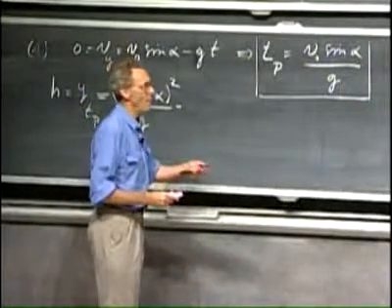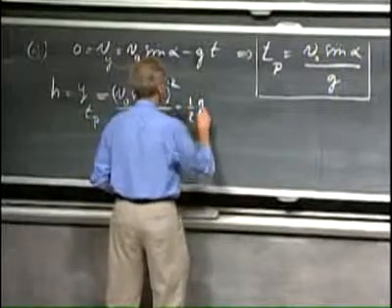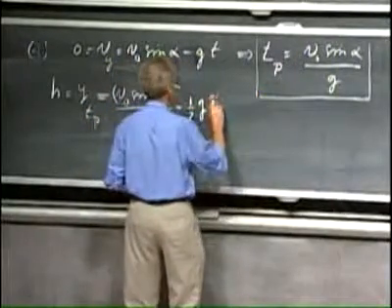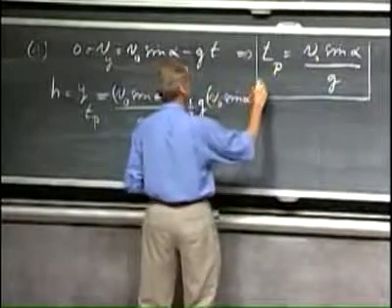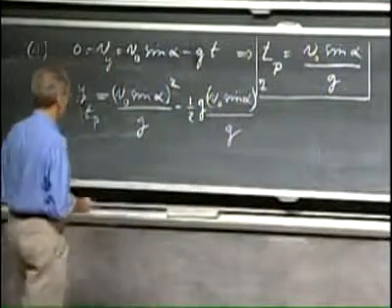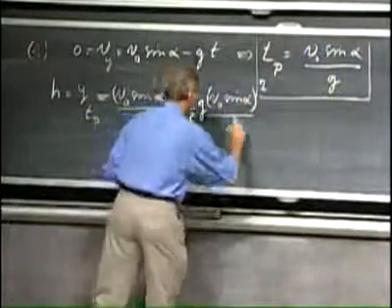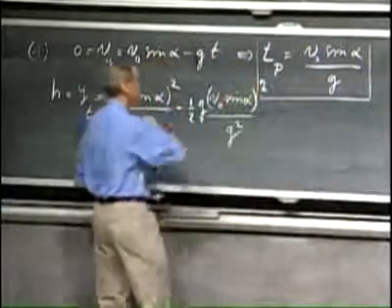This equation, minus half gt squared, minus 1/2 g times this one squared, which is v0 sine alpha squared, divided by g. Divided by g squared. Because there's a g here, you see. So you square the whole thing, it is t squared.